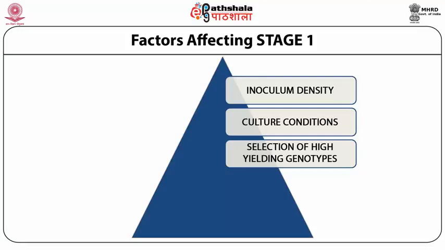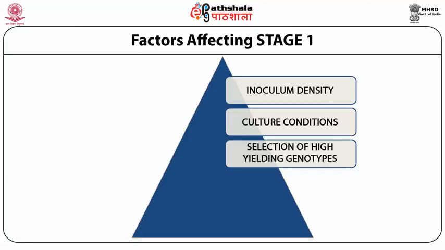To achieve that, what do we need to do? We need to make the lines homogeneous continuously. This can be brought about by a technique called single cell cloning. So what are we going to do in this technique? We will take an inoculum from our suspension culture, plate it on our selection medium, which is solidified with a gelling agent, allow the cell colonies to grow, then each colony would be screened for secondary metabolite production.